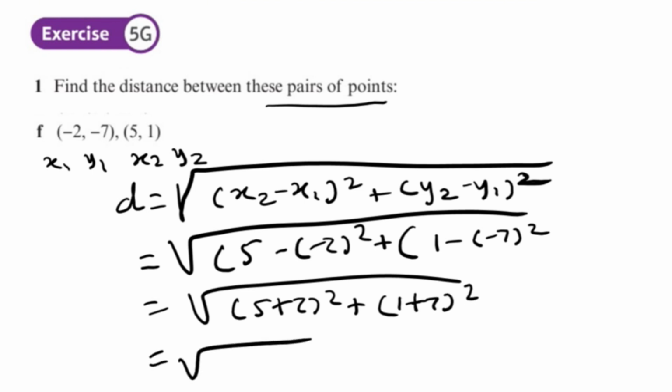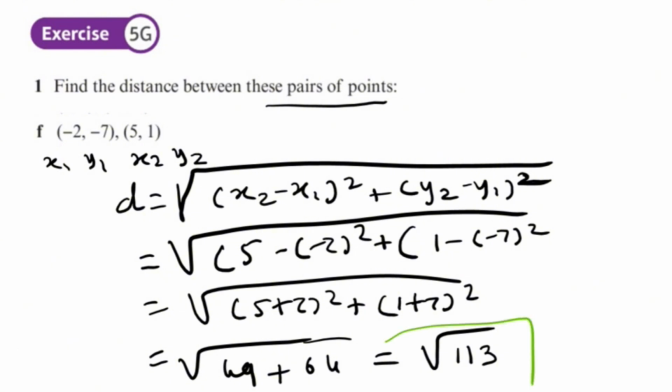So 5 plus 2 is 7, squared is 49, and 1 plus 7 is 8, squared is 64. If you find the square root, you will get root 113. This is not a perfect square, so root 113 is our answer. It's the distance between these two coordinates.